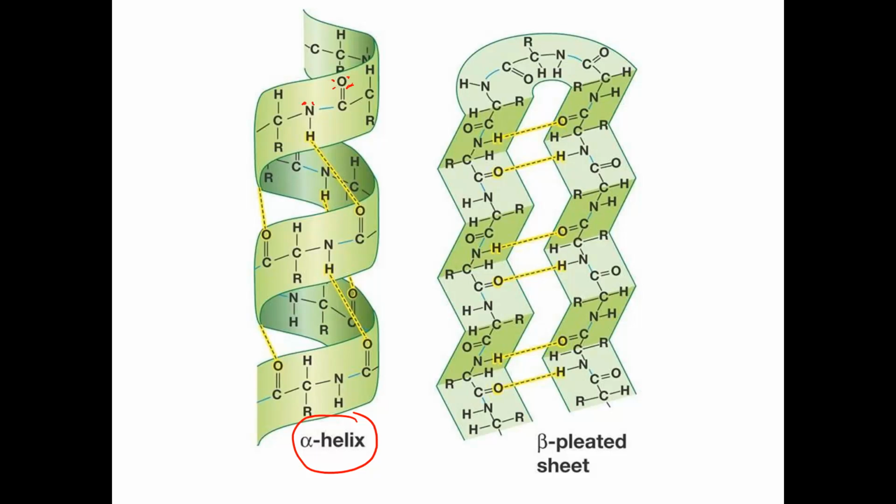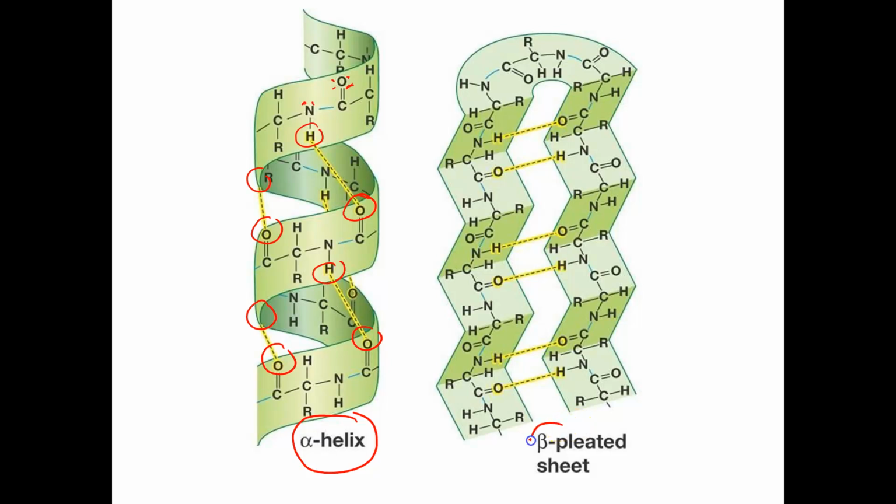You can see that the alpha helix is stabilized by hydrogen bonding between a hydrogen that's attached to nitrogen and a lone pair that is on oxygen. For every twist, we get two of these interactions stabilizing it. So that's how we get alpha helices in proteins.